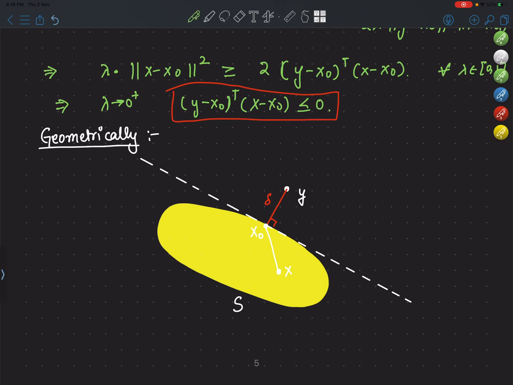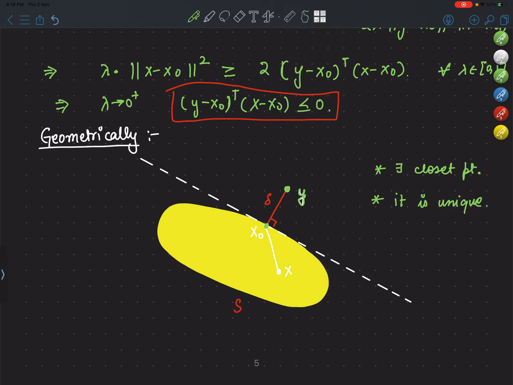So what does this say? Let's say we have a convex set S. Let's say we have an external point y, and there exists a closest point. It is unique.